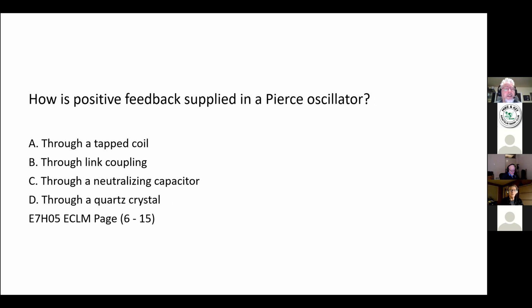How is positive feedback supplied in a Pierce oscillator? A, through a tapped coil. B, through link coupling. C, through a neutralizing capacitor. Or D, through a quartz crystal. Delta uses the quartz crystal, correct.